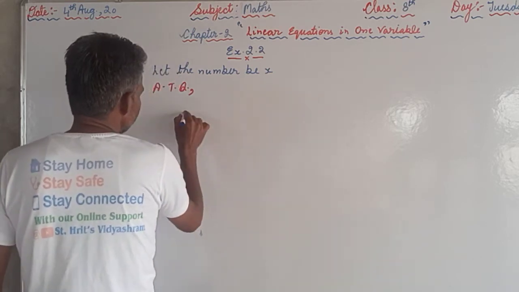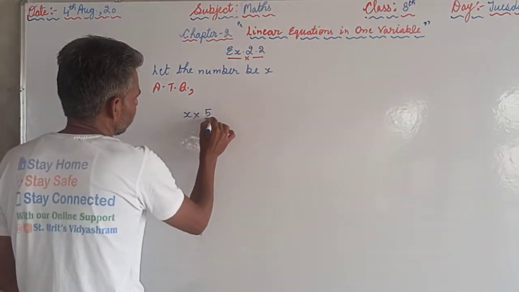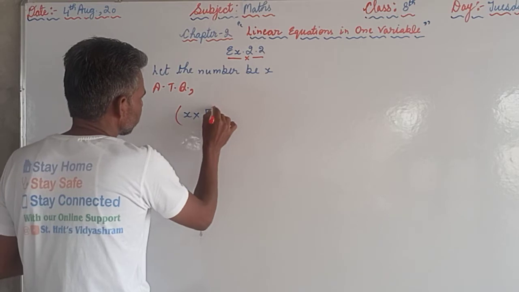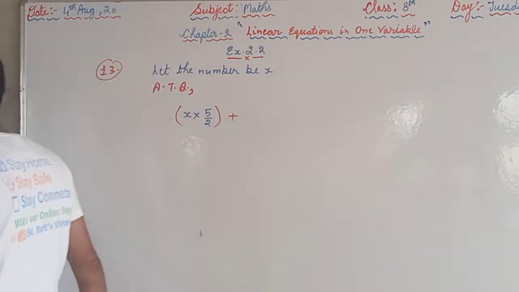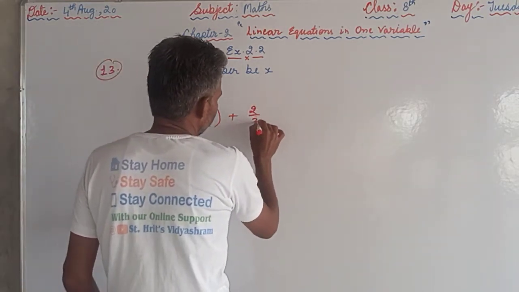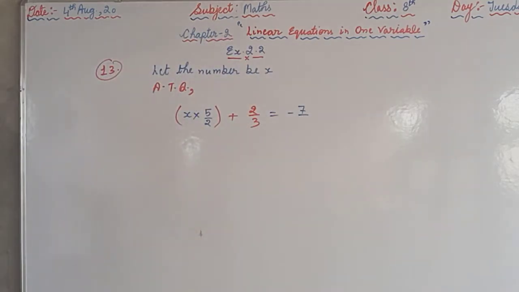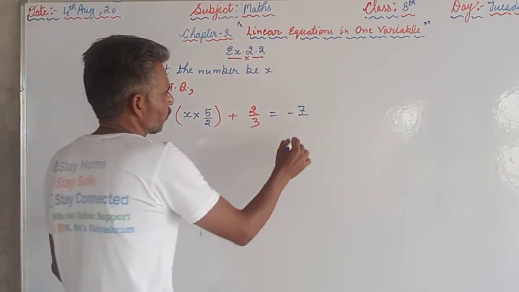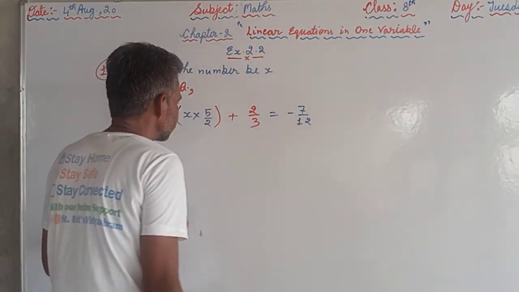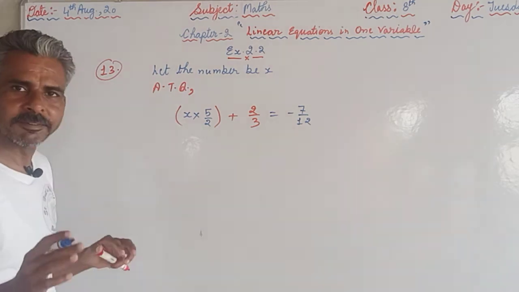First of all we have to multiply by 5/2, then the product we are supposed to add, and add 2/3, and we will get -7 upon 12. So this is the linear equation which we have framed according to the information given in the question.